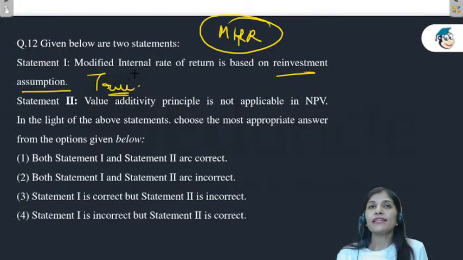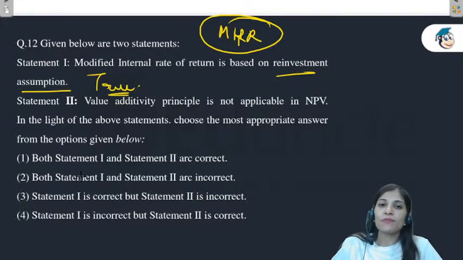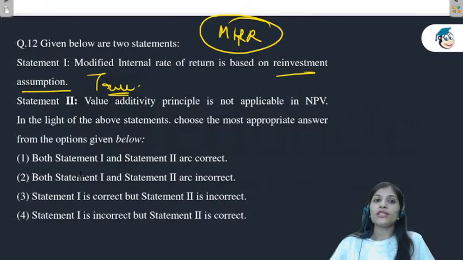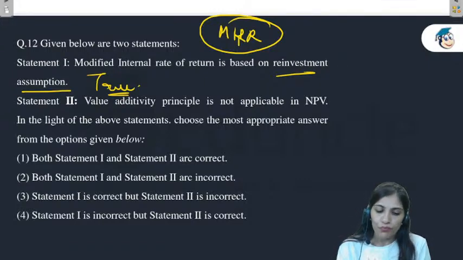See, modified internal rate of return, what we do is, practically I'm telling you, when we calculate the internal rate of return, after that we calculate a different rate of return, again calculating the IRR, that is known as modified internal rate of return, and that is done by the reinvestment assumption. So this statement is true, right?